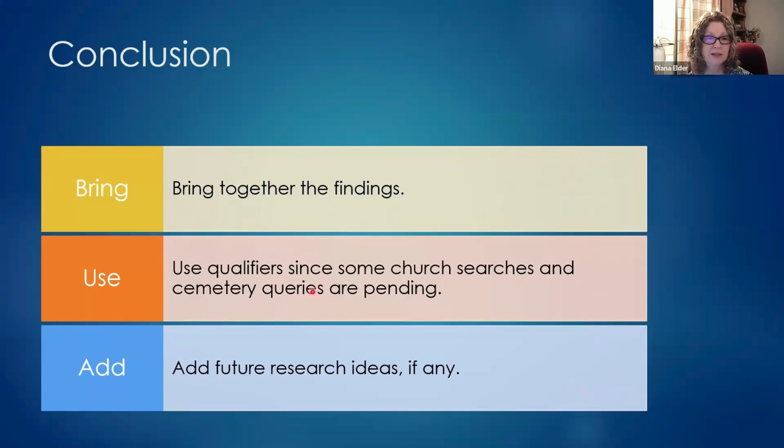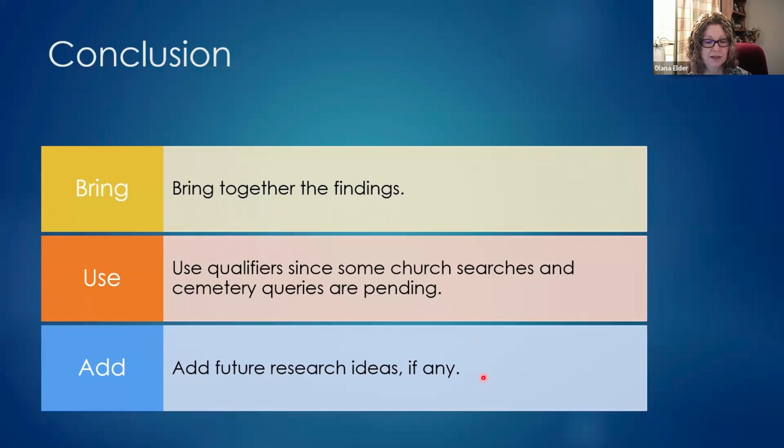And we always want to use our qualifiers, especially in this case, because there are still some searches in the church and the cemetery that are pending. So we are trying to get reasonably exhaustive research to be able to say with some good certainty that this is what happened to Eliza. And we need to make sure we have covered all of our bases and have all that research done.